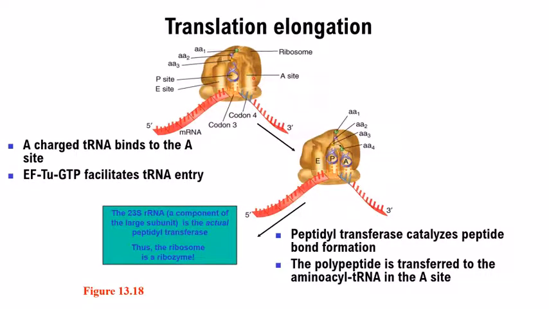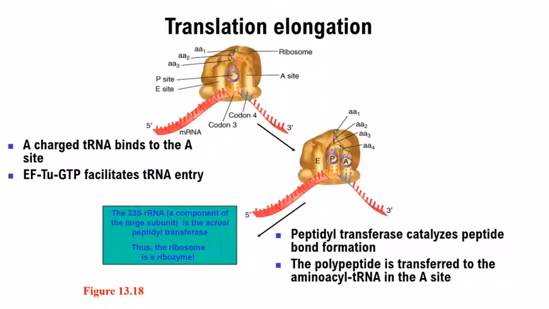The loading of amino acid tRNA is carried out with the help of elongation factor Tu with a bound GTP. Hydrolysis of GTP takes place during the loading of such amino acid tRNAs at the A site. Once this is carried out, the amino acid or amino acid chain present with the tRNA at the P site is then linked to the amino acid brought by the amino acid tRNA.